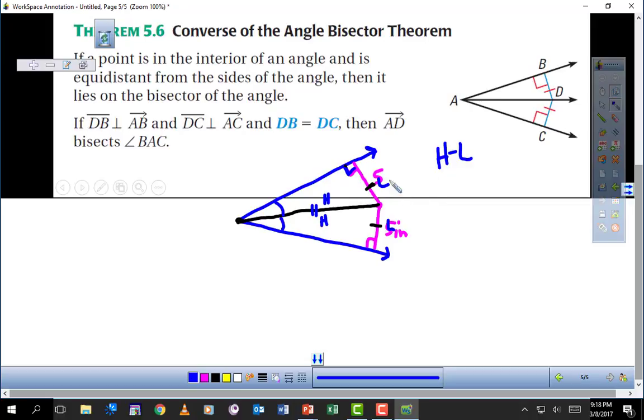So by the hypotenuse leg, these two triangles are congruent. And after we say that those two triangles are congruent, then you can say that this angle is congruent to this angle by CPCTC. So yeah, it took me a moment to remember that idea. So anyhow, I've proven for you both of these theorems, so we know they're true now. So let's go ahead and move on.